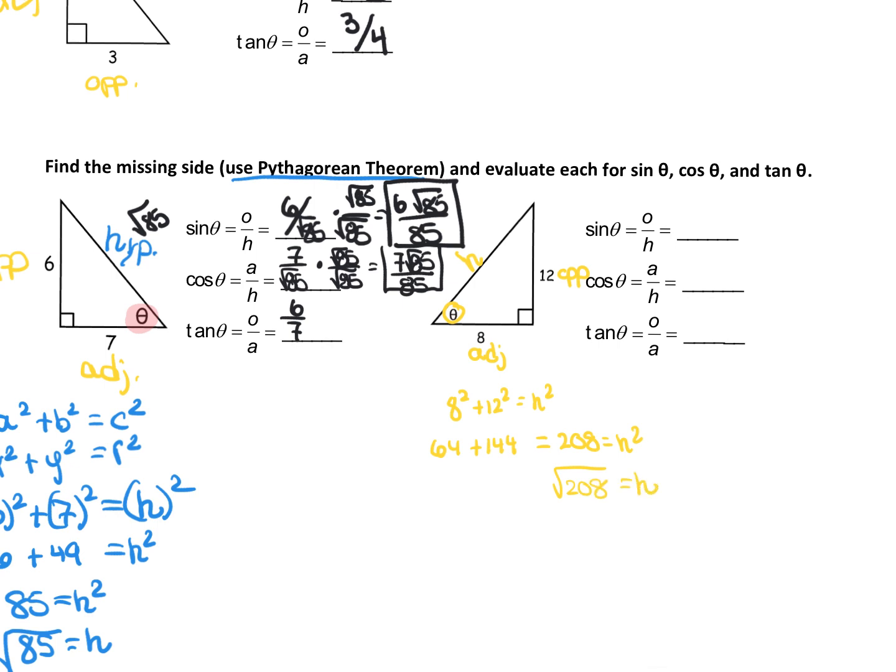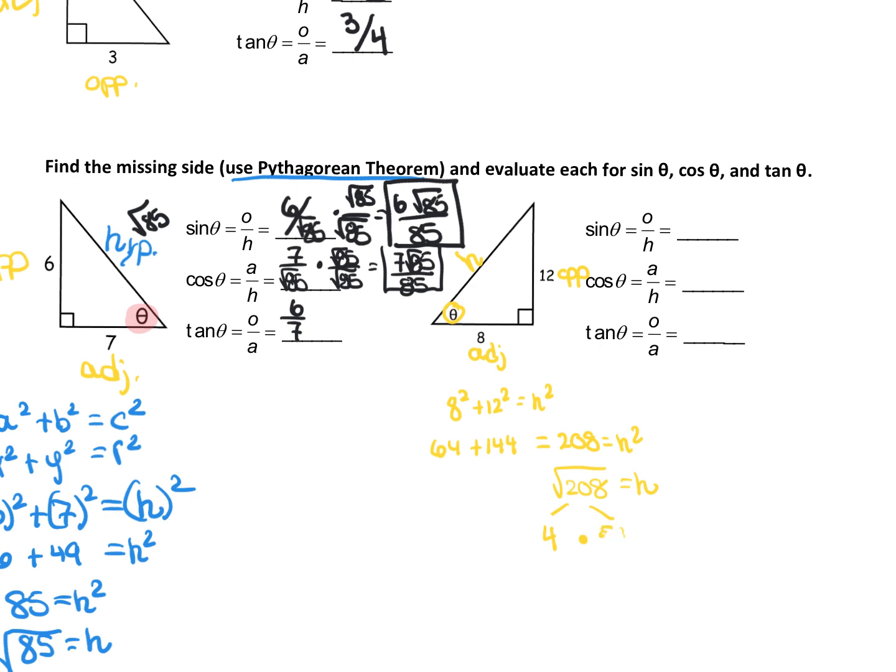And so let's see if there's something that goes into here. I think 4 might go into there. Let's try 4. I'm just going to use a calculator and do this. 208 is 4 times 52.